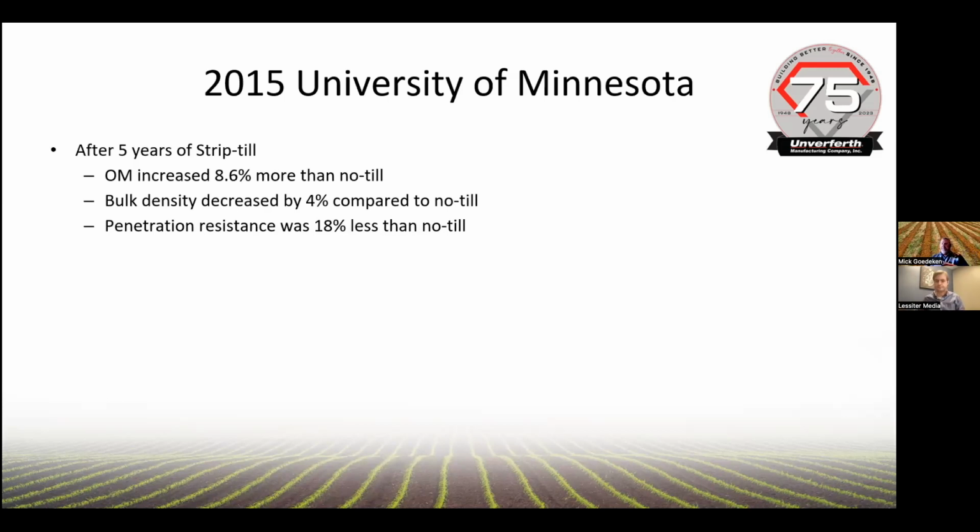And we were 18% less than the no-till. We'll see that consistently as we get into longer term trials. This trial said there's no significant differences in infiltration rates or water aggregate stability. I would say not surprised.